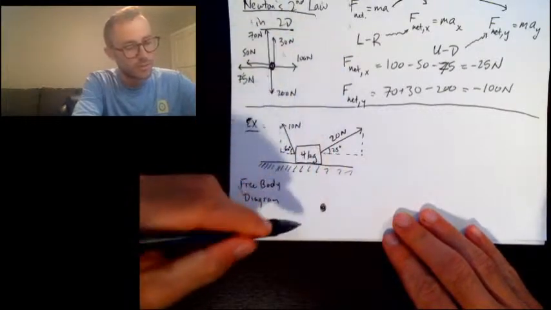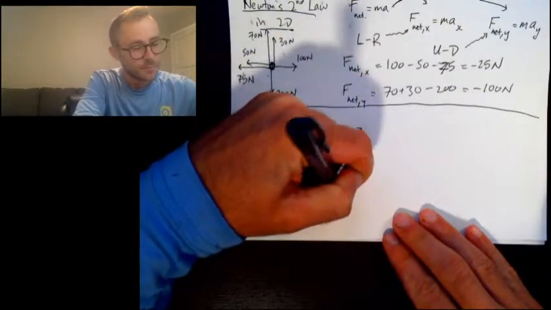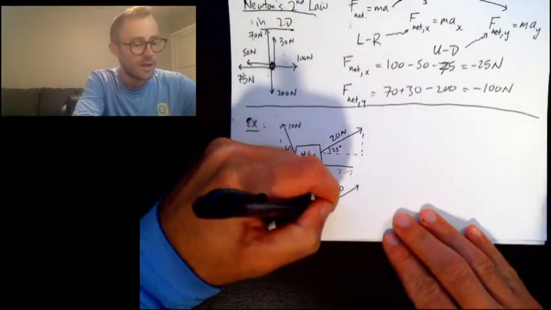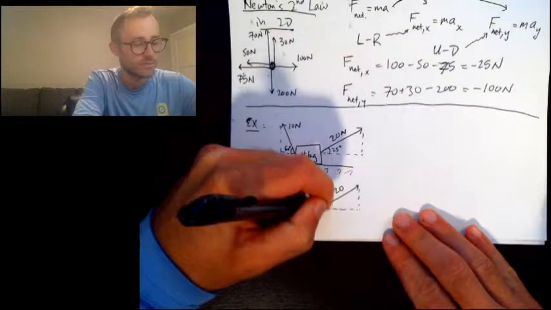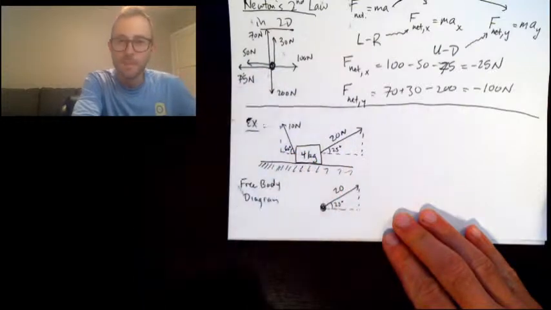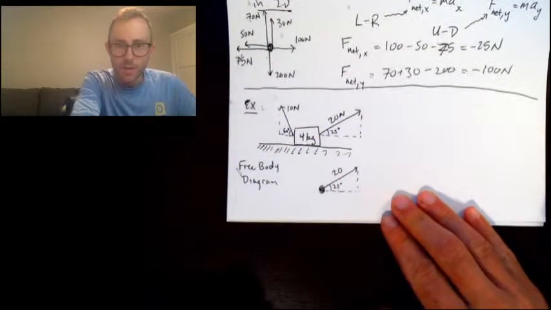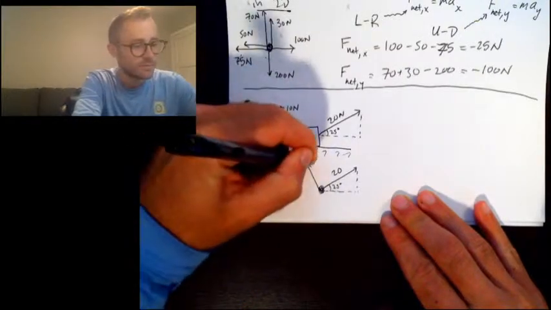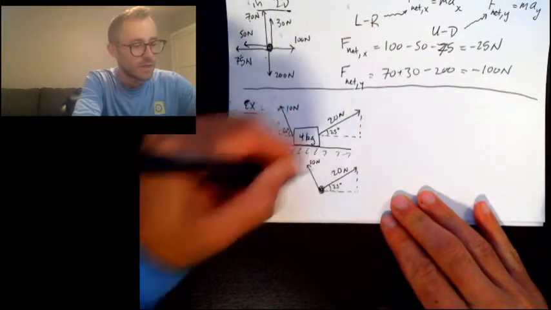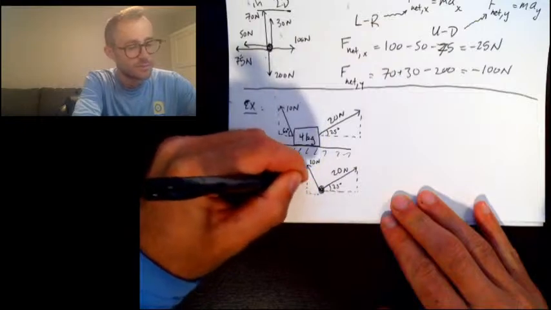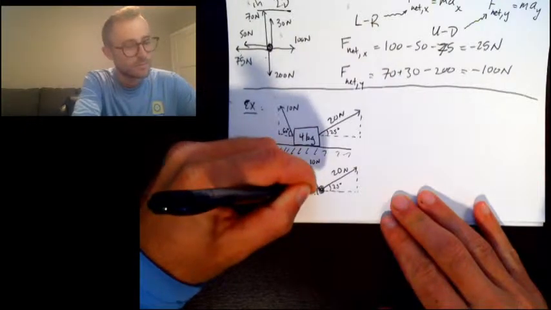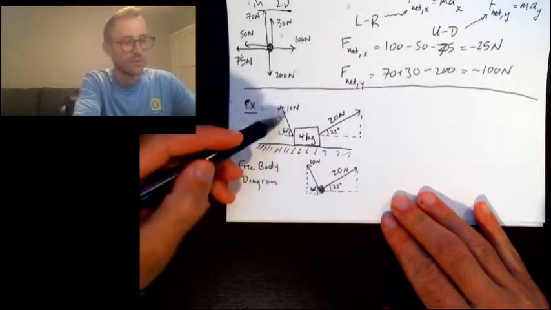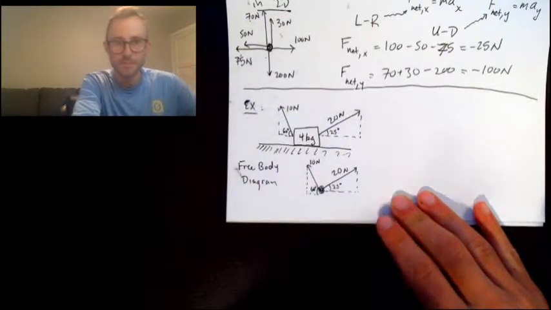So representing the object as a dot, we have 20 newtons at 25 degrees, okay? We have 10 newtons at 60 degrees. We have a weight force, which is going downwards. So these two are applied forces, so I put them in explicitly.